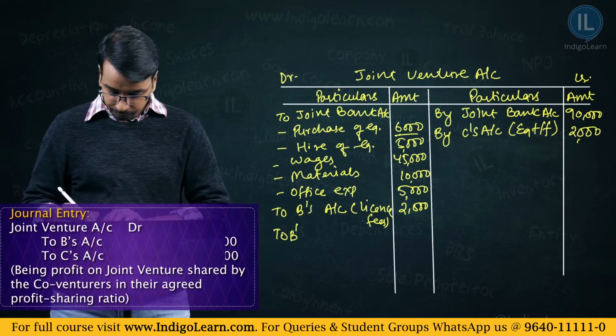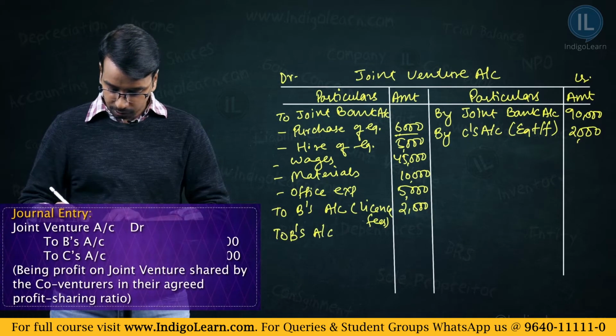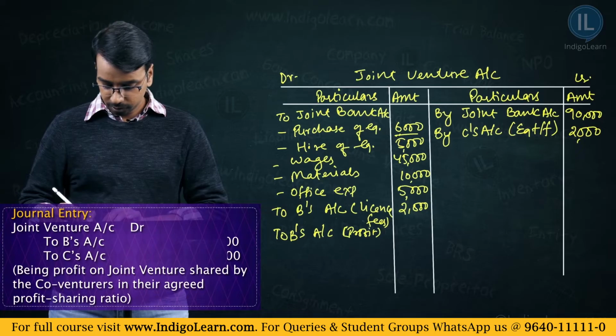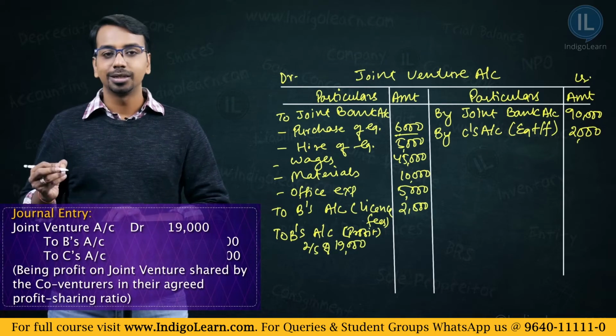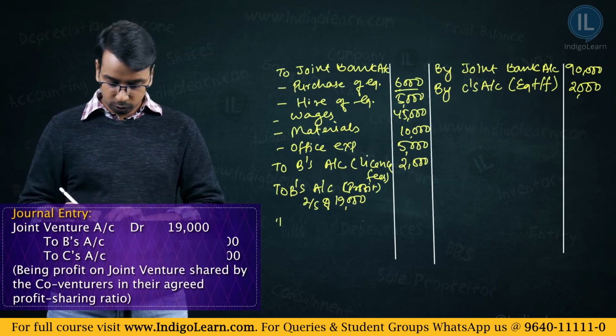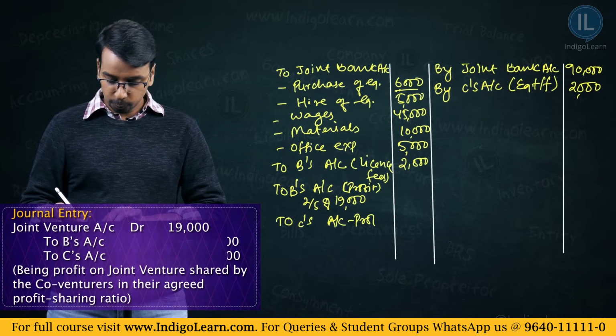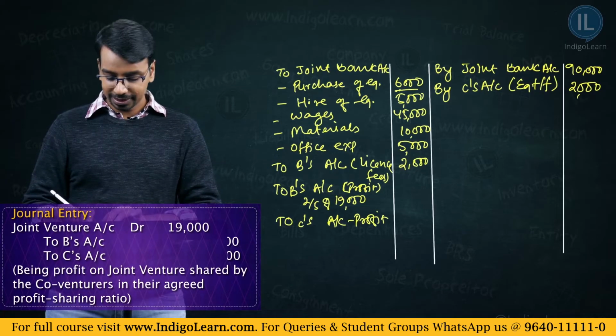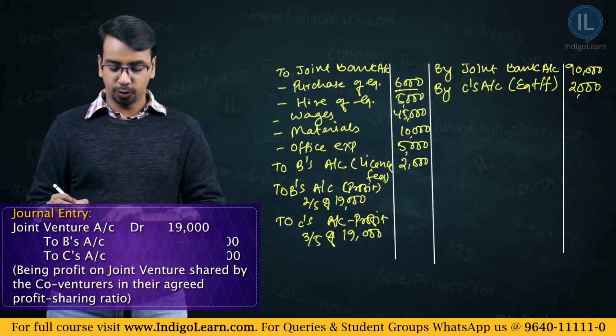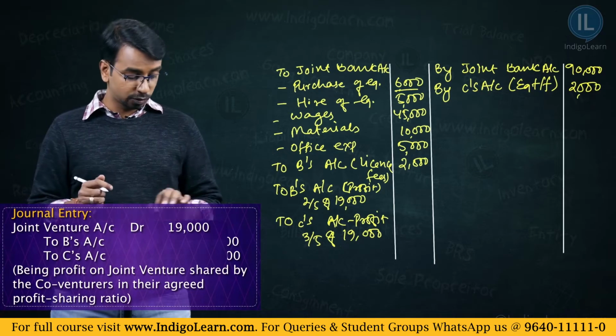To B's account profit 2/5 of 19,000 and to C's account, that is profit, how much is that? That will be 3/5 of 19,000.